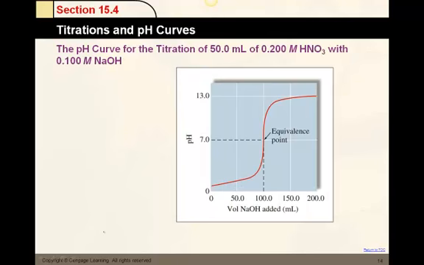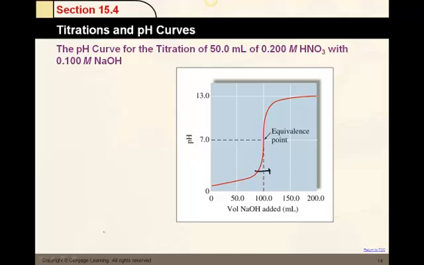Here is an example of a titration curve. You will notice two things. You will notice it's a very gradual increase as we move along, and then suddenly there's a huge change in this small area.